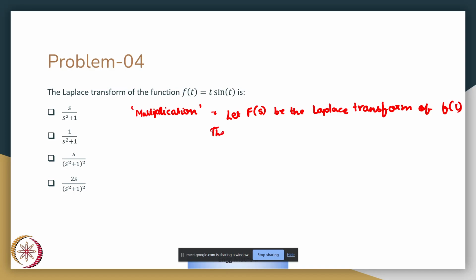Then we have the Laplace transform of t times f of t equaling minus d by ds of F of s. And it's then generalizable to say t raised to n, and this becomes minus 1 raised to n d by ds raised to n of F of s.